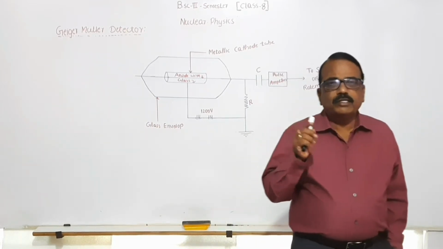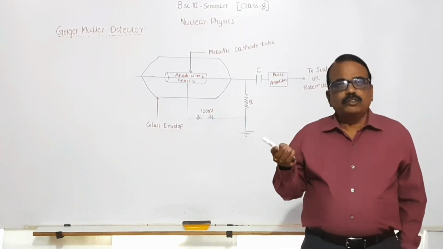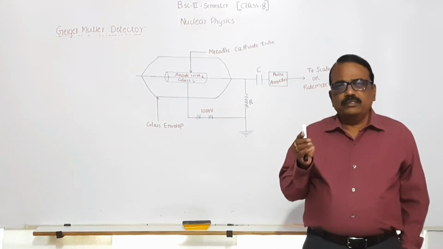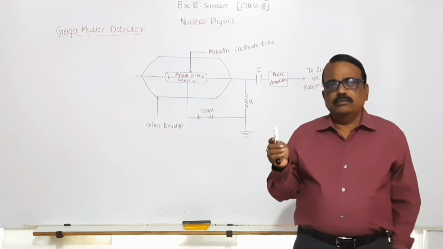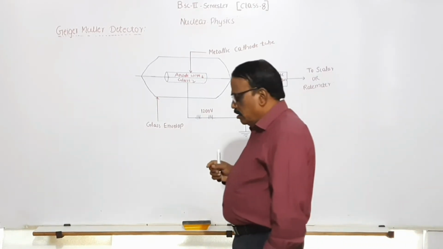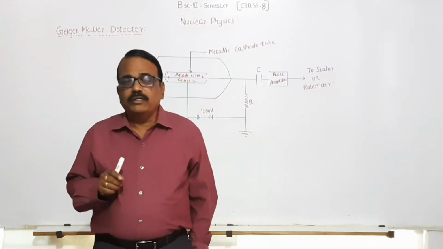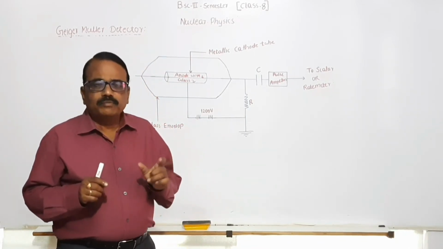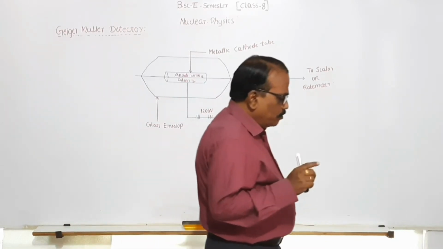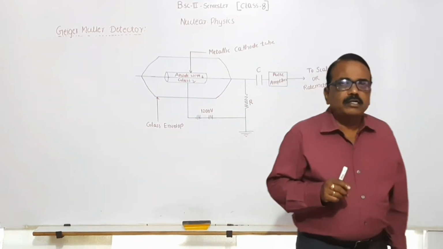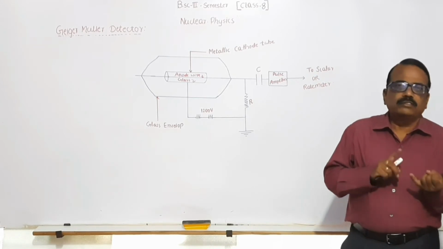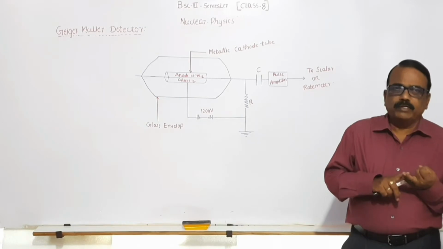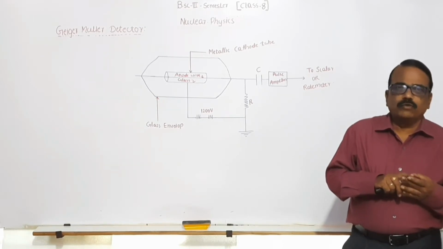Therefore, we have to detect them by means of some instruments. The instruments which detect the radiations emitted by nuclei are called nuclear detectors. They are detected by means of secondary effects produced by them. The secondary effects are ionization, photographic effect, and also fluorescence.